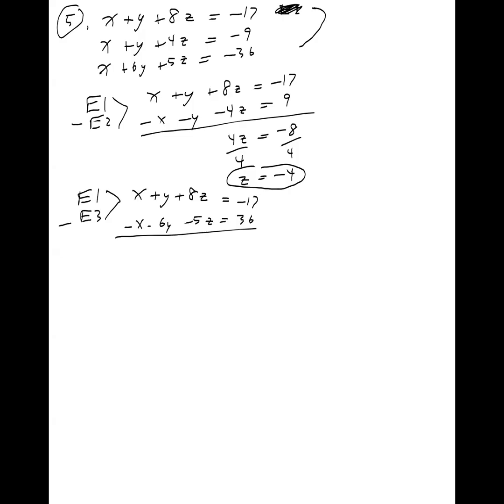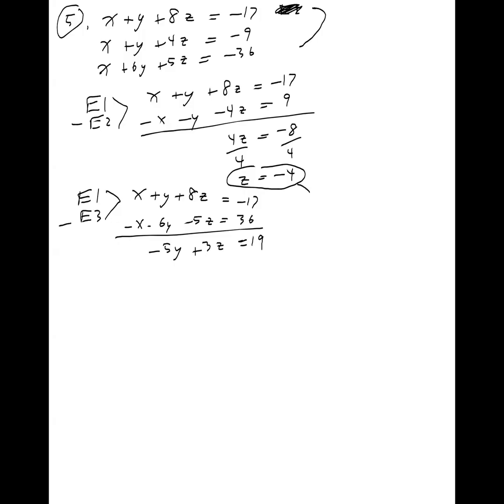If I add those together, I'll get nothing for the x's, but a positive y and a -6y together is a -5y. 8z together with -5z is 3z. -17 with a +36 adds up to, no, +19. Sorry, I forgot the equals. Equals +19. So there's an equation that has a z in it now.